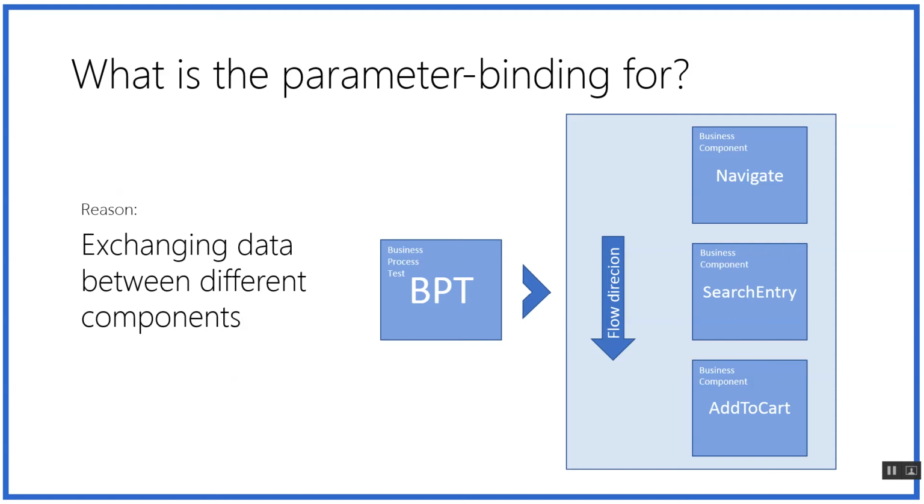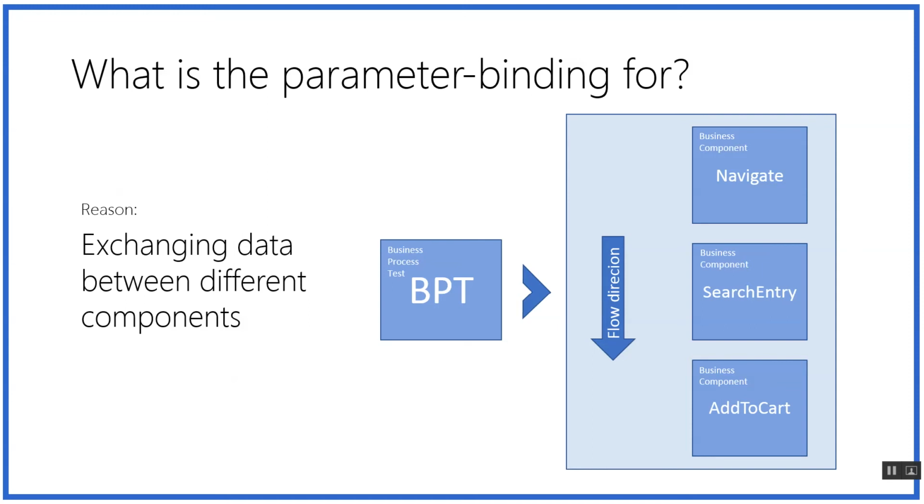So in the navigate component, you make an input parameter called, I don't know, I_site to navigate. When you run the business process test, you can give a specific page to the navigate component, and the navigate component opens the browser with this specific URL.